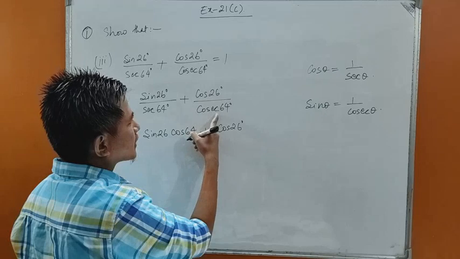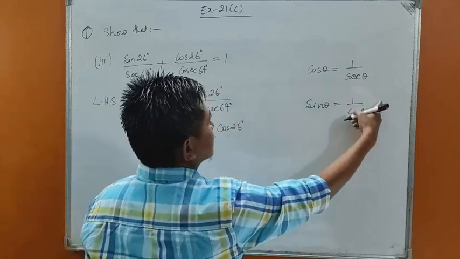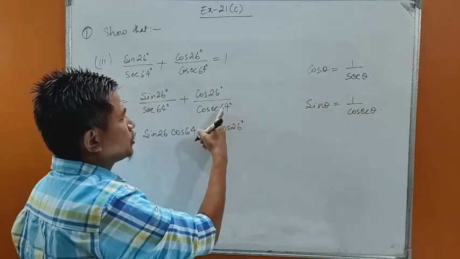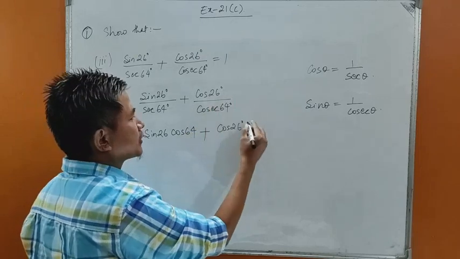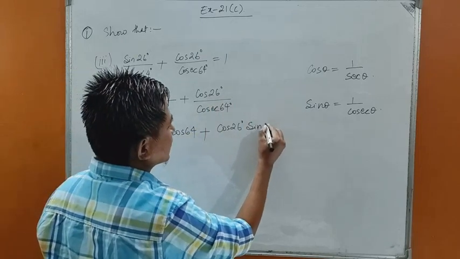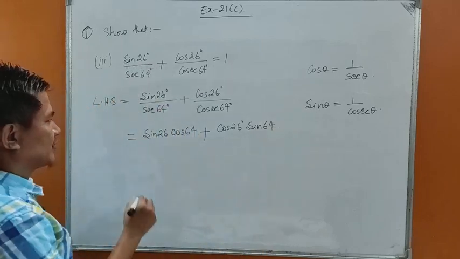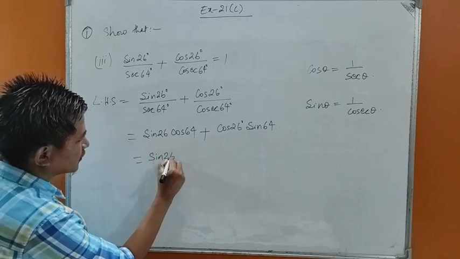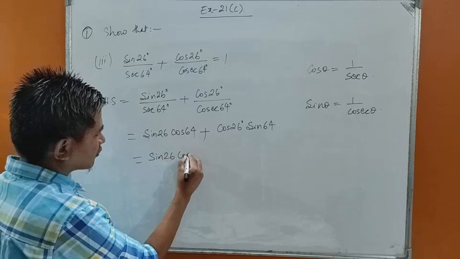So cosec 64 when taken to the numerator, cosec theta becomes sin theta. Theta is 64, so the angle should not change. Are you getting me? Yes. So here we have sin 26, we copy as it is. Cos 64 means cos is cos, we write cos as it is.